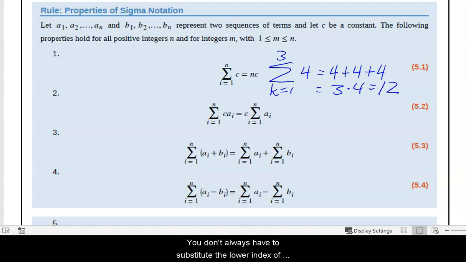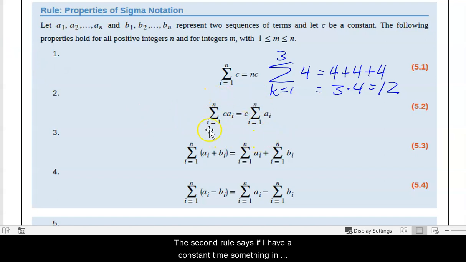You don't always have to substitute the lower index of summation's value into the summand. In this case, we're simply summing a constant repeatedly. If you start at 1 and you go to n, then you will get n times c. Let's look at this second rule here.